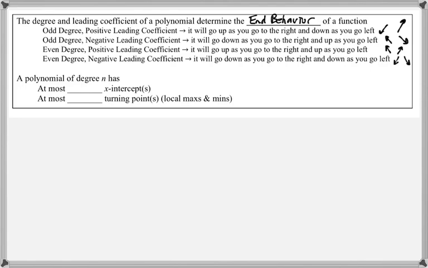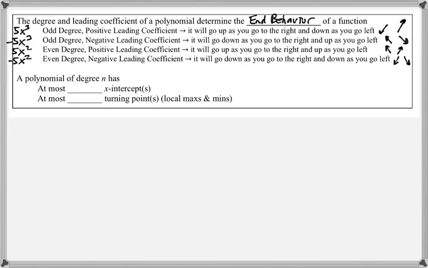So if you ever can't remember these, you can type in numbers into 5x cubed, negative 5x cubed, 5x squared, and negative 5x squared. These are the four cases: odd degree, positive leading coefficient, negative leading coefficient, even degree, positive leading coefficient, negative leading coefficient.